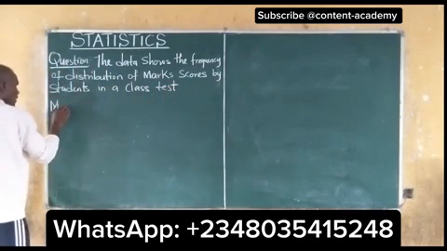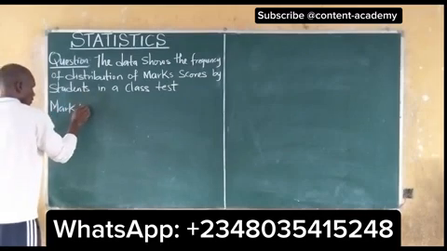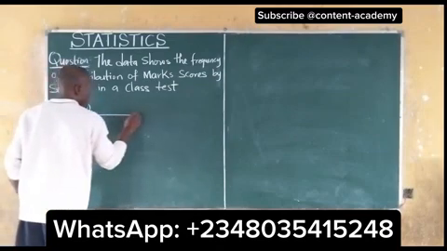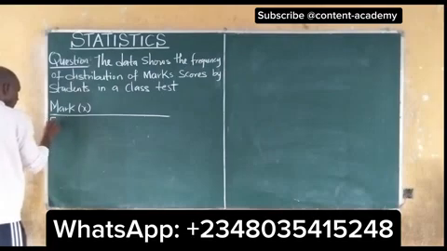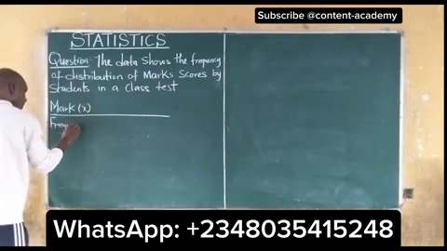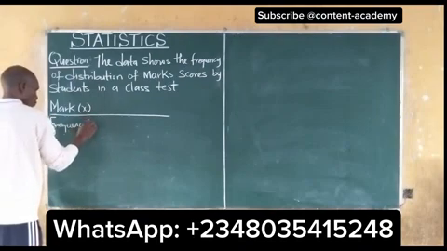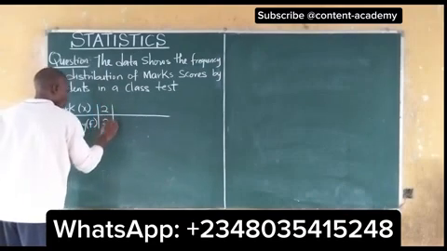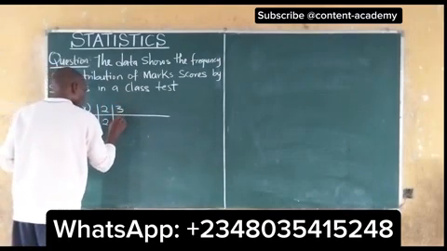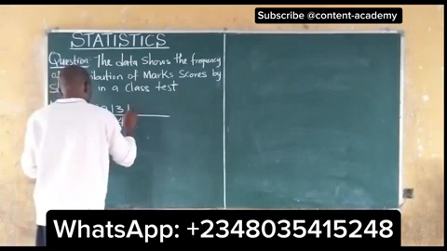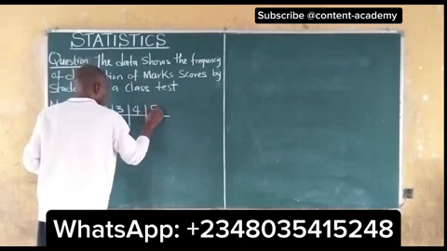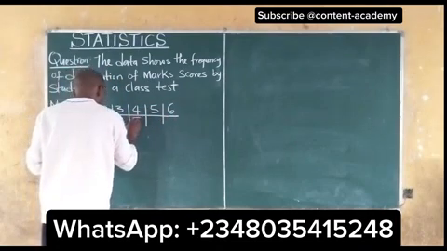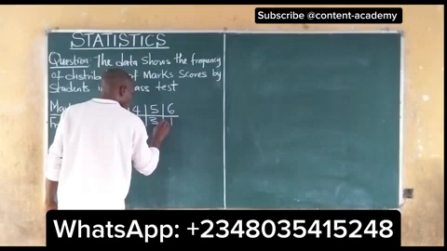So the mark will be X, and we have the frequency to be F. So we have 2, 3, 4, 5, and 6. We also have 2, 4, 5, 3, and 1.